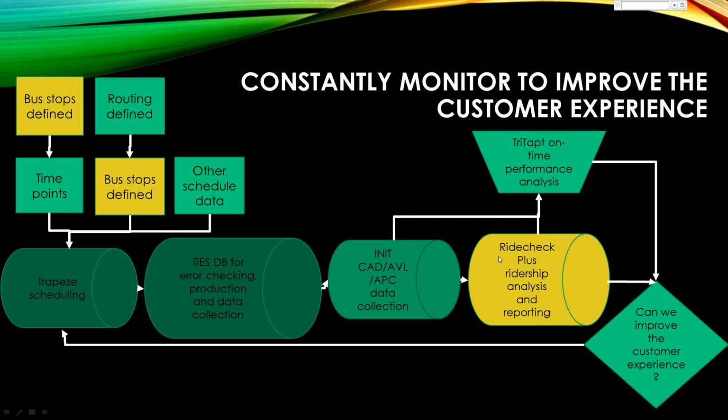And we can use that for prioritization of traffic signal priority projects. Then in our overall process, every run board we go through and ask, can we improve the customer experience by improving the running time on routes or by providing additional capacity? And what we'll find is that we do have the data to be able to make those decisions with this overall system in place.